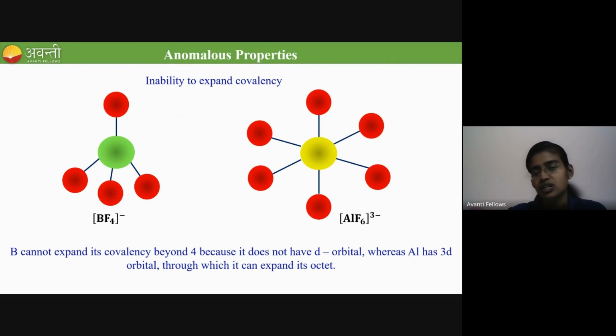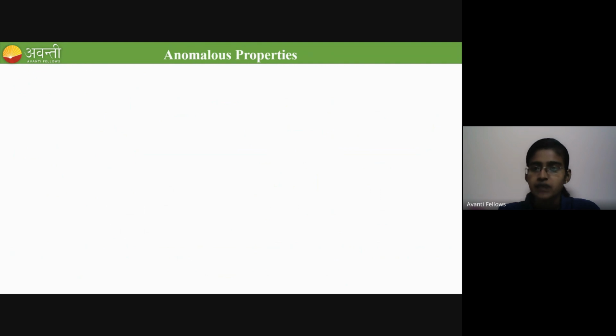Because boron does not have d orbital. It does not have space to accommodate 6 pairs of electrons. But aluminium has d orbital, and that's why it is expanding its octet, gaining 6 electron pairs and forming 6 bonds with fluorine. Okay, inability to expand its valency.